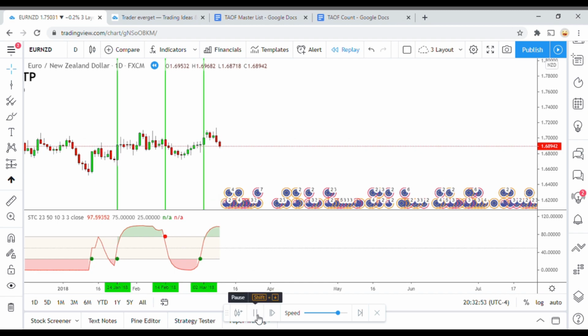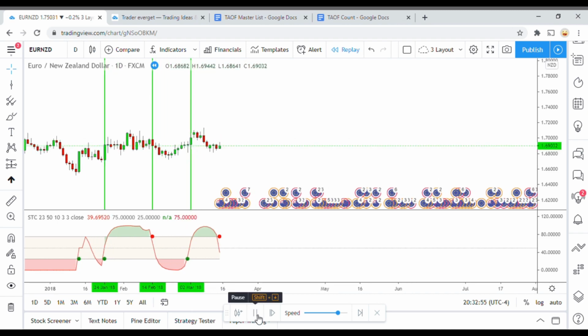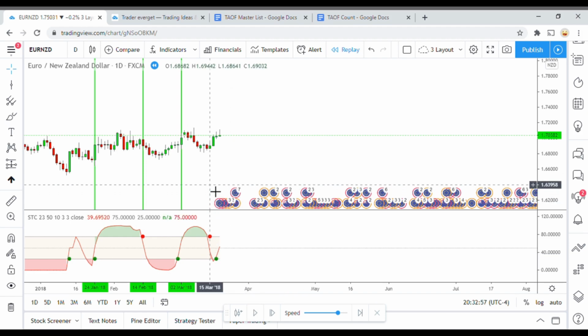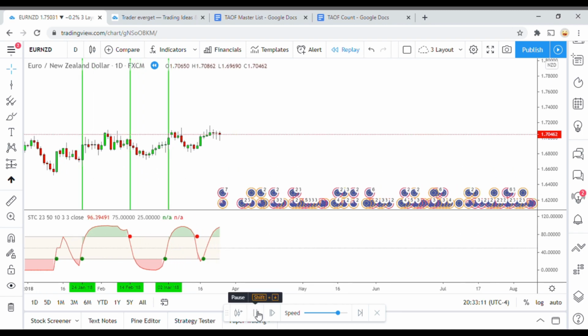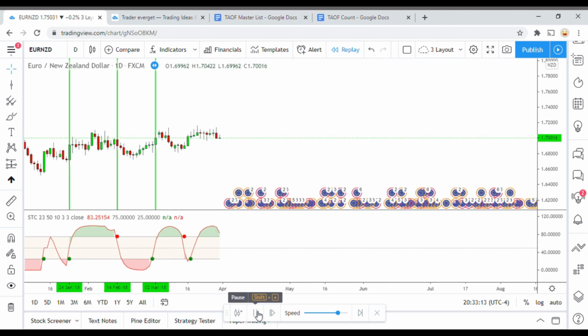So, another winning trade. Let's see here. We got a red dot on that one. We did not get a confirmation candle. Then we get a green candle here. We got a confirmation on that one. Let's see what it does. Play it out here just a little bit more.